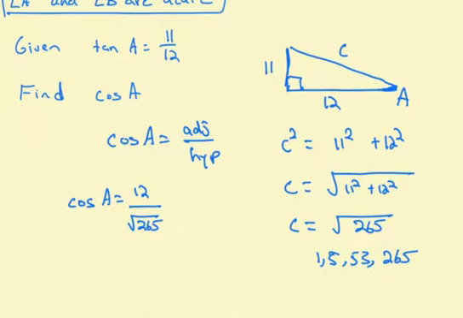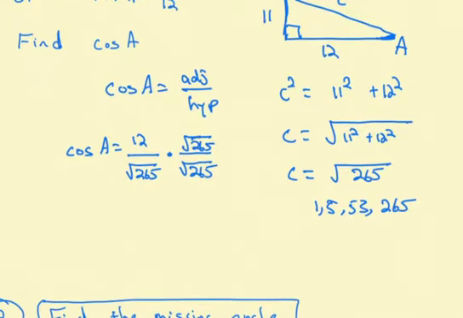Now, we are not considered simplified fully if there's a square root in the denominator. So the way to make that go away is I'm going to multiply by square root of 265 over the square root of 265. That'll cause this to become a whole number. So we don't have the root in the denominator anymore.